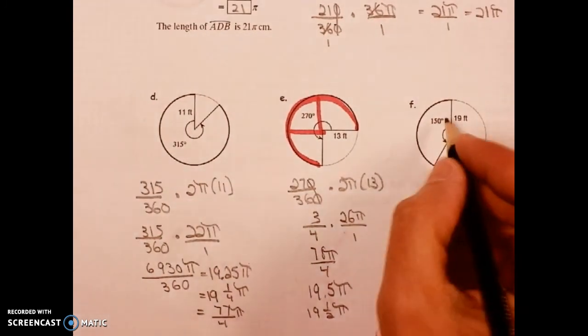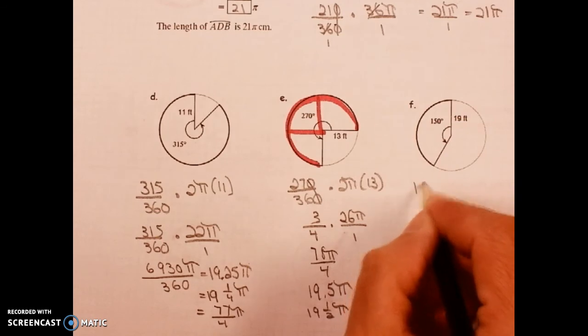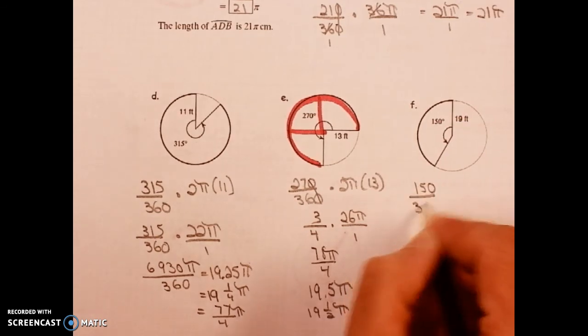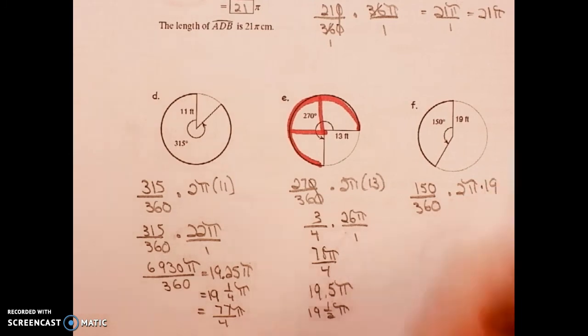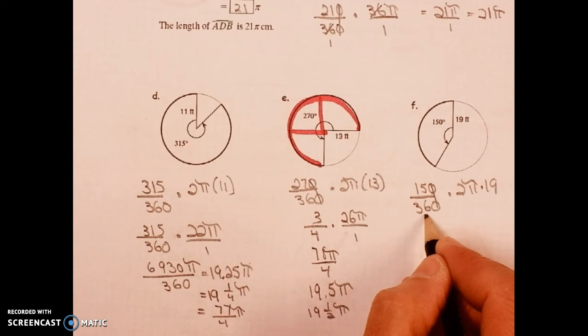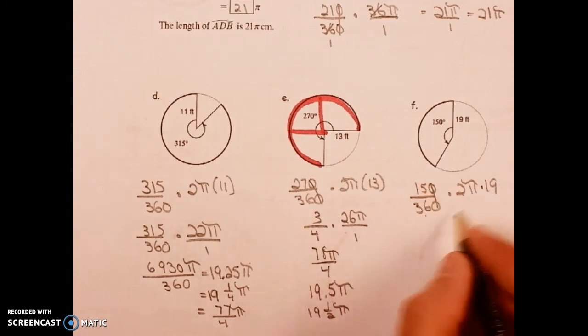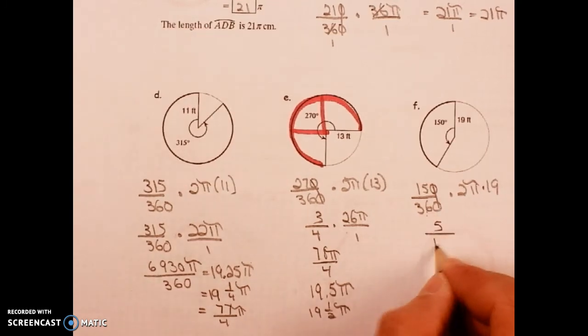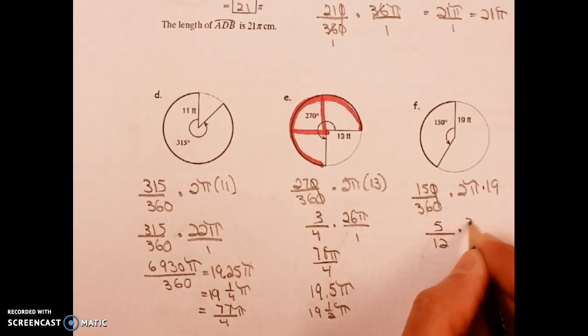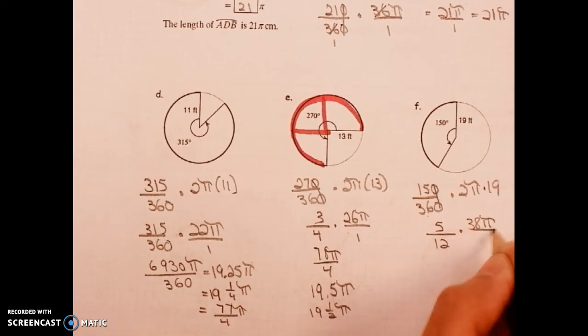Okay, last one, same thing. Again, we're looking for that part, which is 150 out of 360 times my circumference. Again, let's cancel these zeros out. 15 and 36. 3 can go into both of those, so 15 divided by 3 is 5. 36 divided by 3 is 12, times 38 pi.